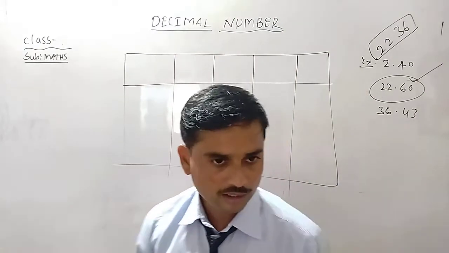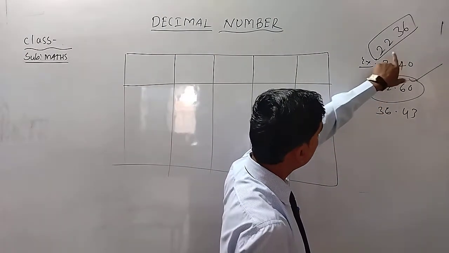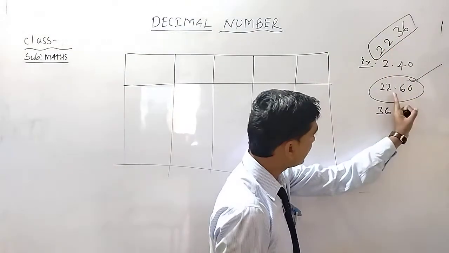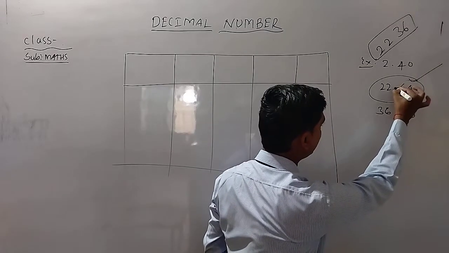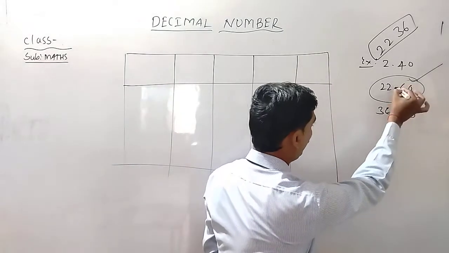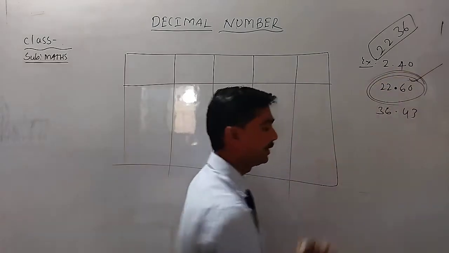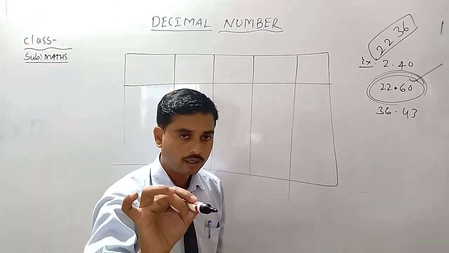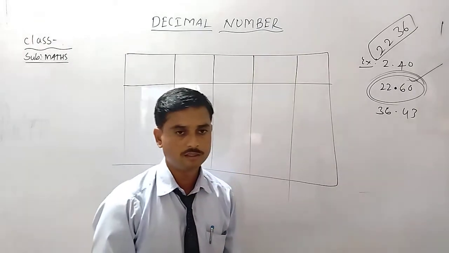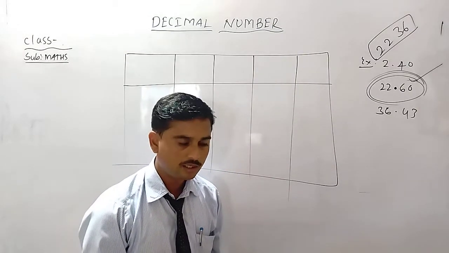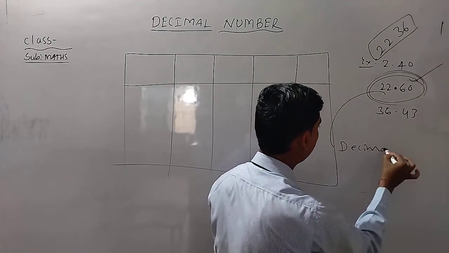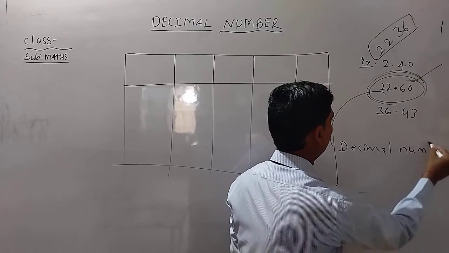What is that difference? You remember, dear students? In 2236 there is no point, but this number has a point in the middle. You should remember that point. Which numbers have a point in between, in the middle of the number, you should think that is a decimal number.